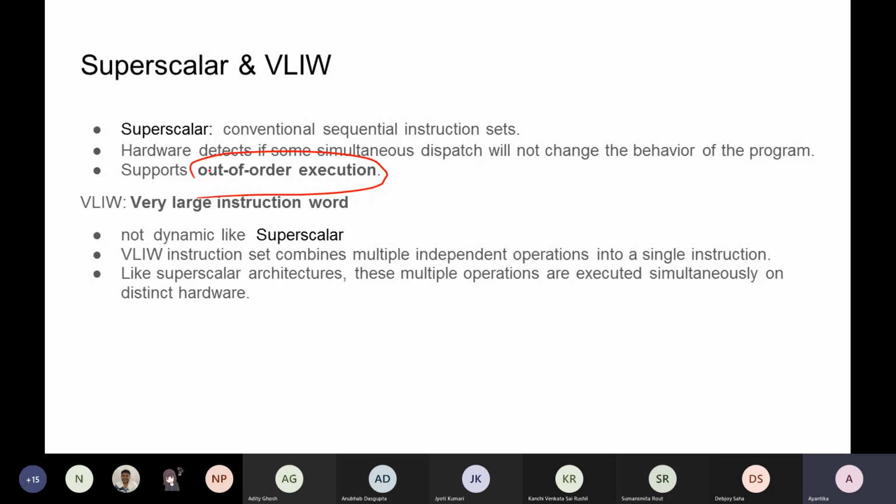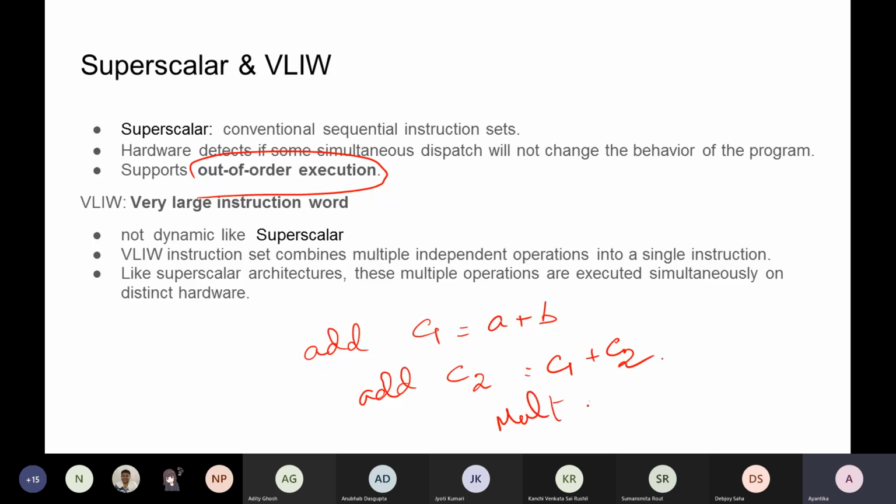Let's say you have this type of instruction: add C = A + B, add C2 = C1 + C2, multiply some B plus C. Now if you observe, you can see these two have some dependency.